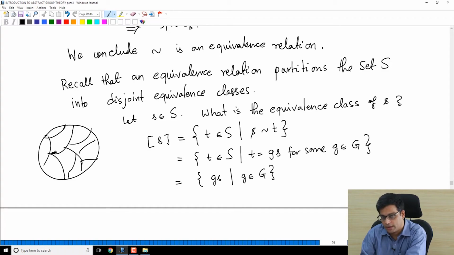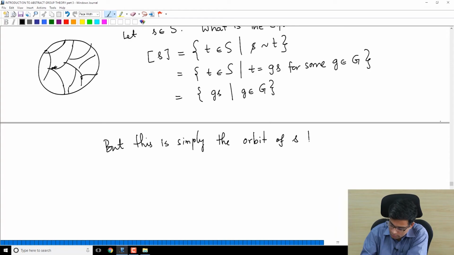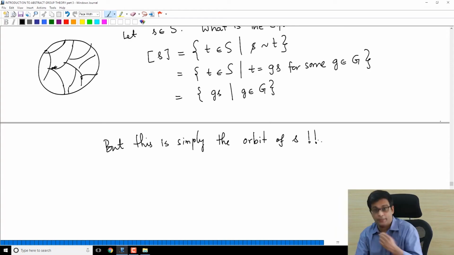As small g varies in capital G, I take small gs. But we have another name for that from the last video. This is simply the orbit of s, right? So this is simply the orbit of s.